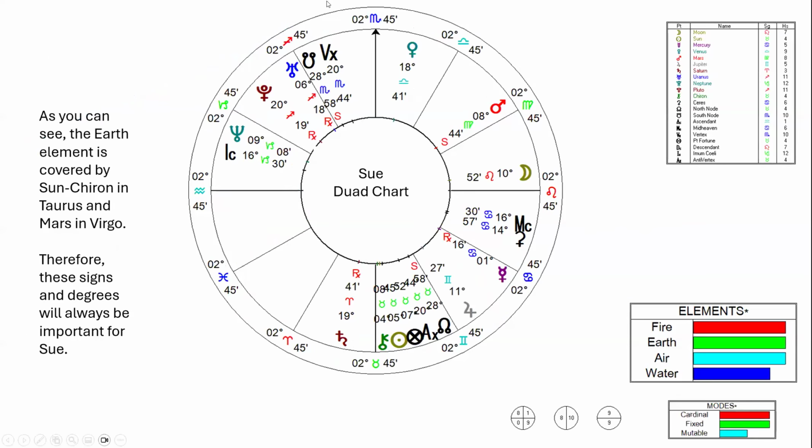And yes, here's your quad chart. Oh, this is what I want to look at. So the earth element is covered by the Sun and Chiron at about 4 to 5 of Taurus. Oh, right, that's like mid-heaven. And by Mars at 8:44 of Virgo. Virgo, all right. So interesting.